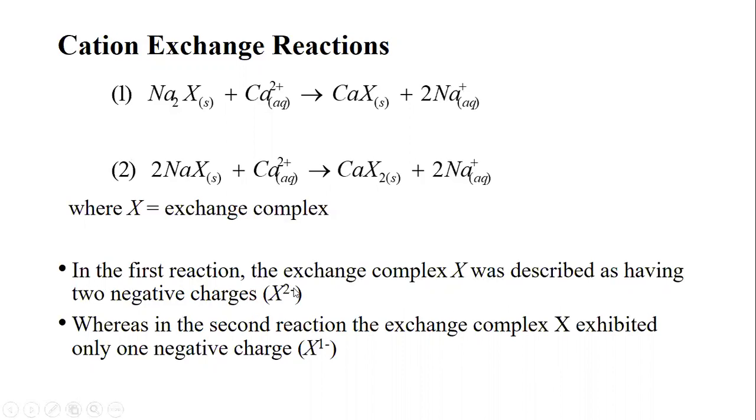If it has two negative charges, it needs two sodium ions to neutralize them, Na2, two sodiums on the surface of this colloid. We added calcium ions, so the calcium is going to exchange or substitute the sodium.